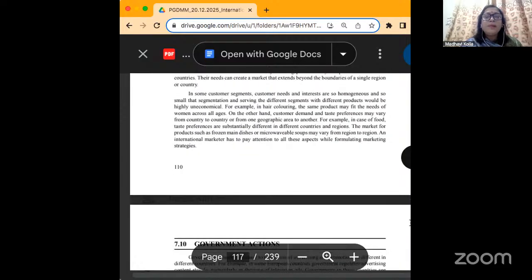In some customer segments, customer needs and interests are very homogeneous. That means they are very similar. Whereas in other segments, they may be very heterogeneous. That means the same product cannot be offered in different regions. If you take India as a country, we know that it is a very heterogeneous marketplace.